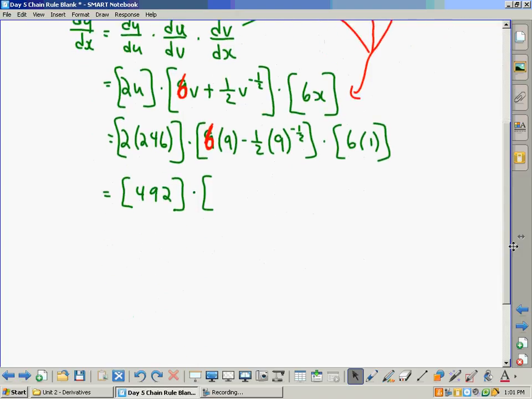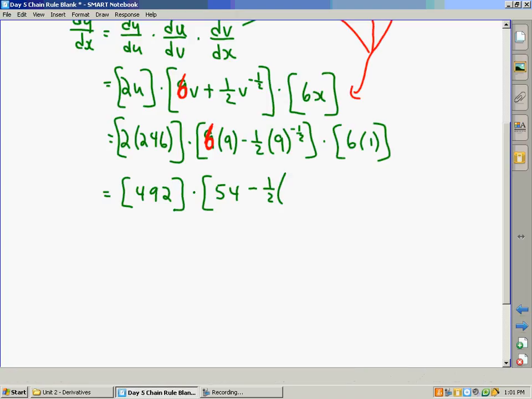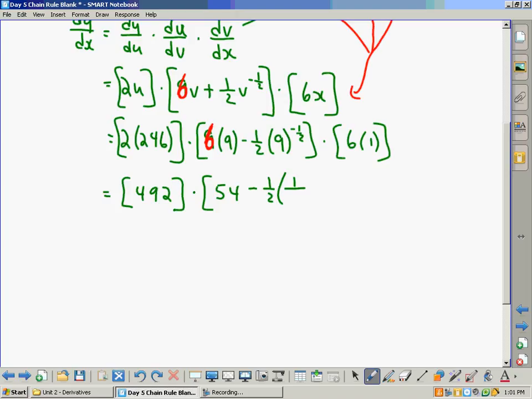And luckily I've noticed it now, so that I don't have to re-record the whole thing. All right, so 6 times 9 is 54. Minus, well, that's 1/2 times 9 to the negative 1/2. The negative tells me to put the answer on the bottom, and the bottom is going to be the square root of 9, which is 3, times 6.